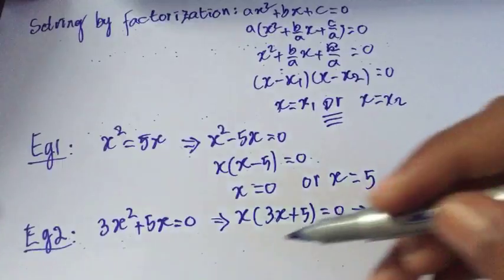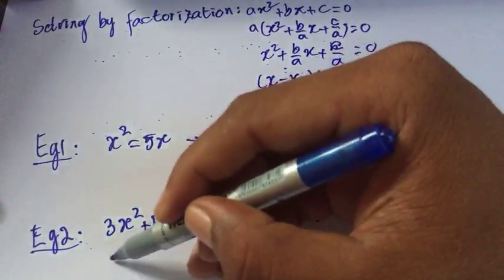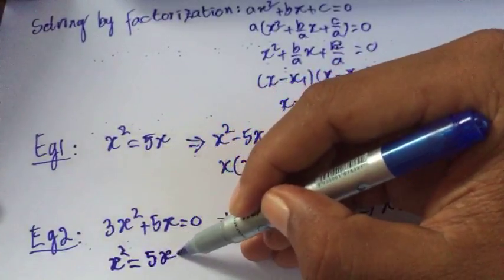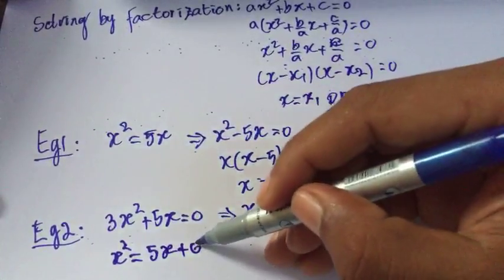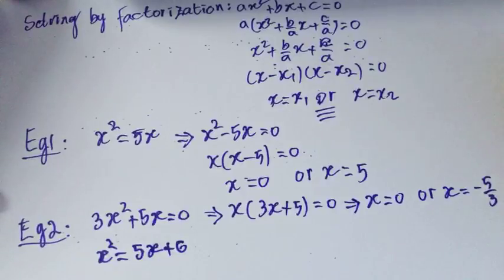And then here we have one more: x squared equals 5x plus 6. How can you solve it?